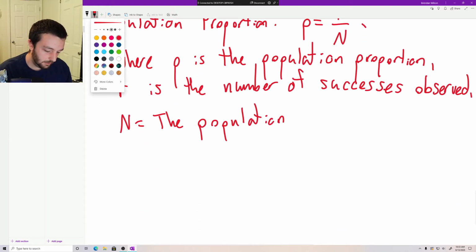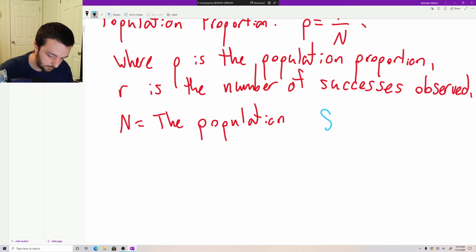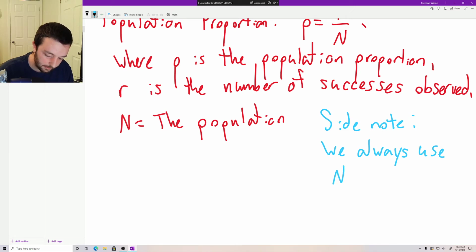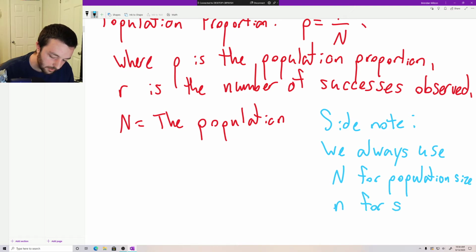A little side note here. We always use N, big N, for population size, and little n for sample size. Okay.